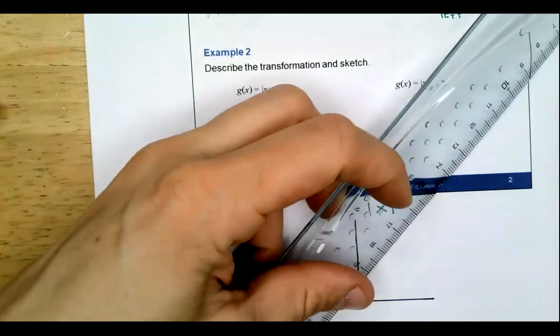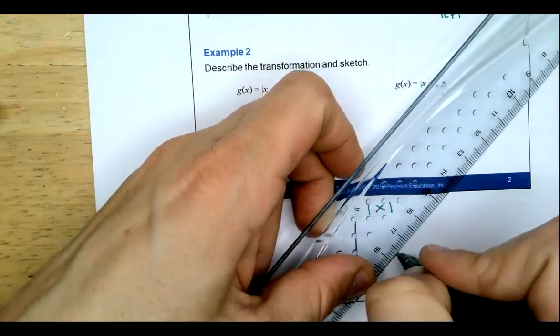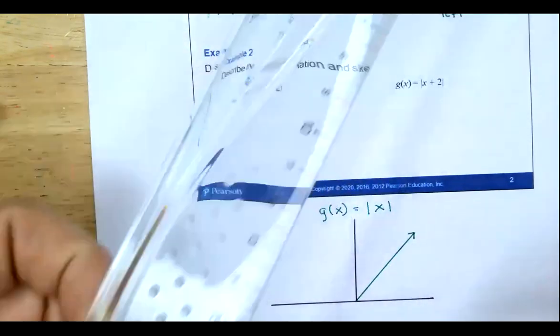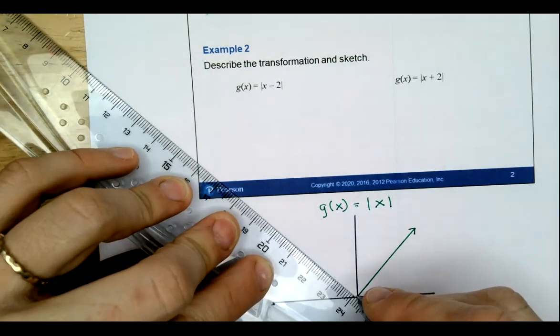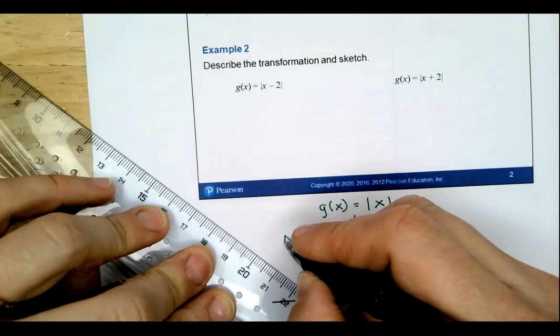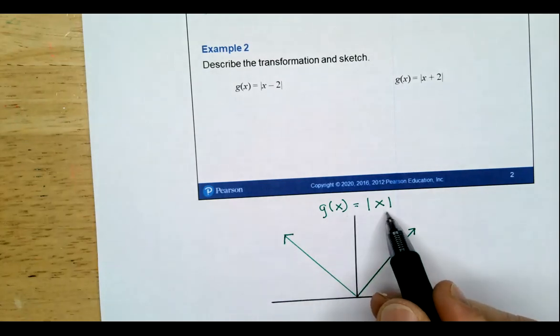So the absolute value of x is graphed just like the linear y equals x, but only in the positive direction. So both ways positive. Okay, so that's just g of x equals the absolute value of x.